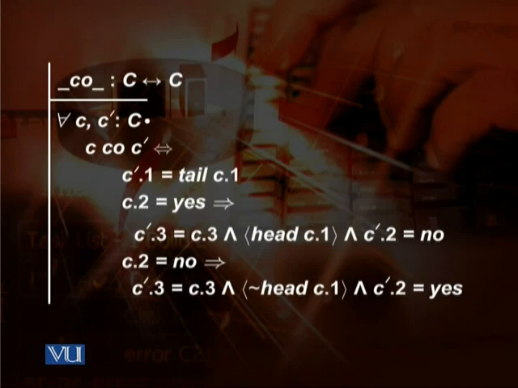C dot 2 is equal to yes, implies C dash dot 3 is equal to C dot 3, and head is C dot 1, and C dash dot 2 is equal to no. And C dot 2 is equal to no implies that C dash dot 3 is equal to C dot 3, and head, we have not head of C dot 1, and C dash dot 2 is equal to yes.